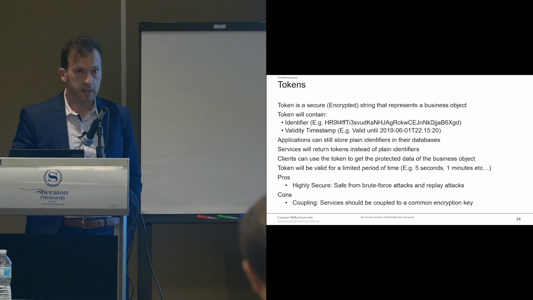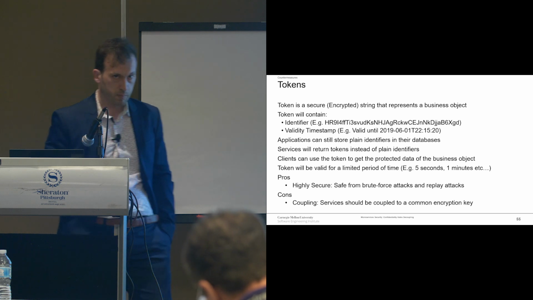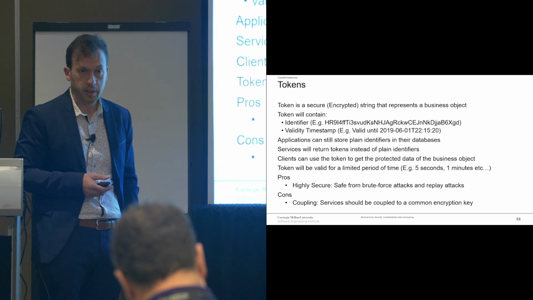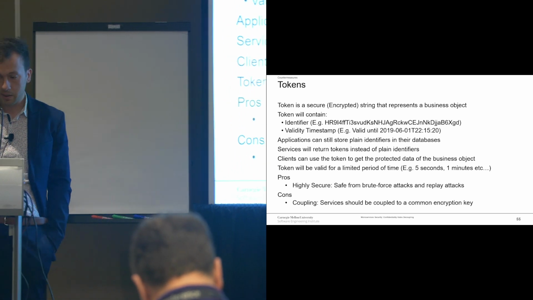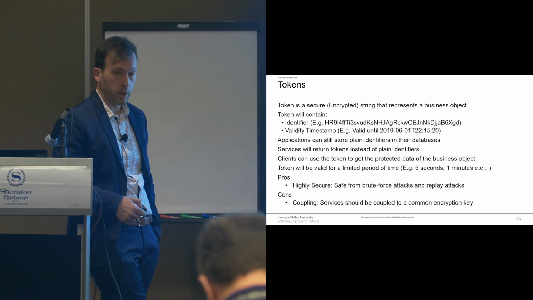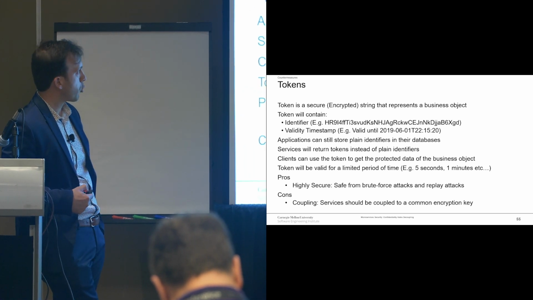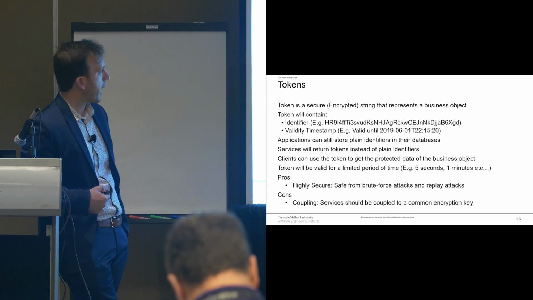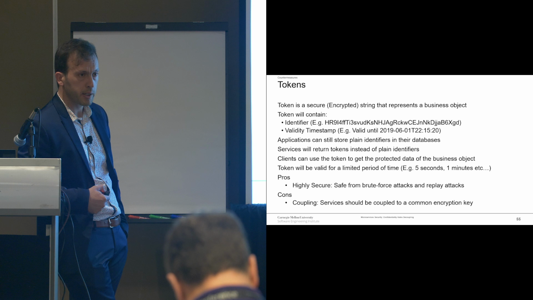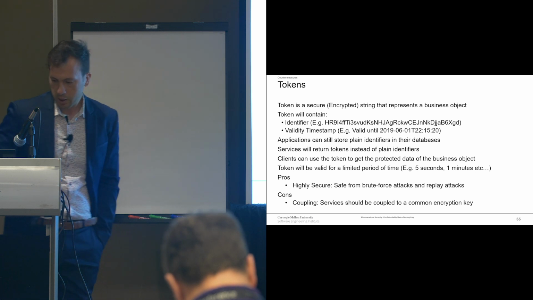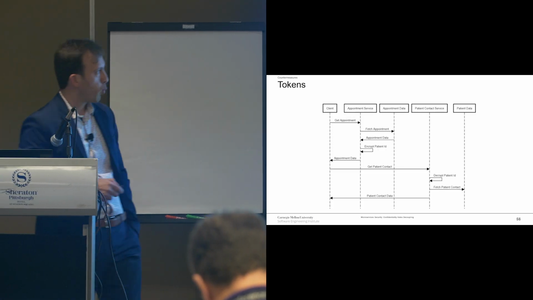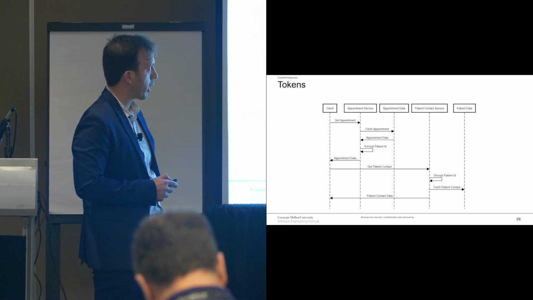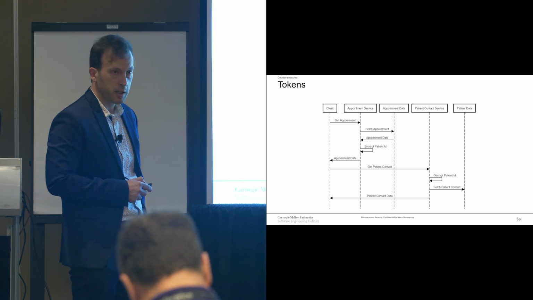And the last solution is tokens. What are tokens? They are secure or encrypted strings, and a token will be composed of two parts: an identifier, which is the patient ID for example, and a validity or expiry timestamp. Here is how it works: when the client makes a request, the appointment service will fetch the appointment data from the database.